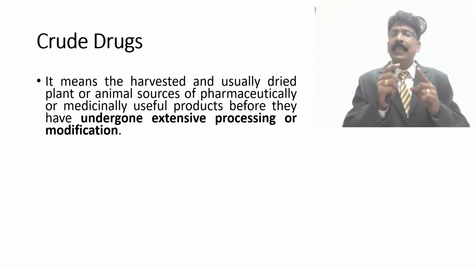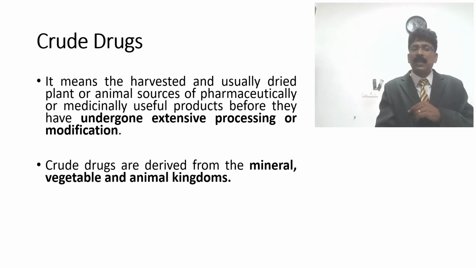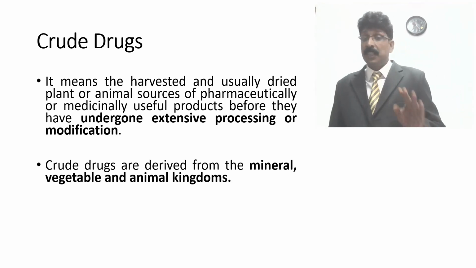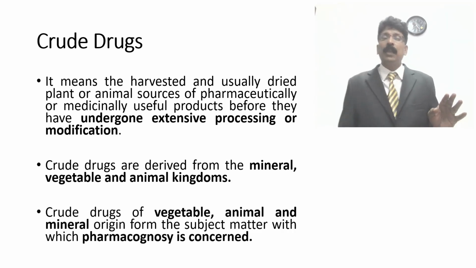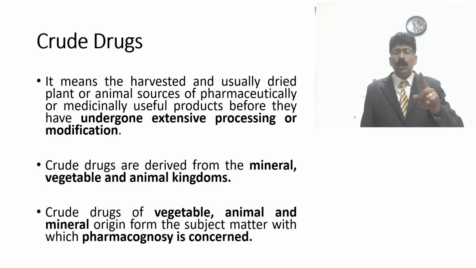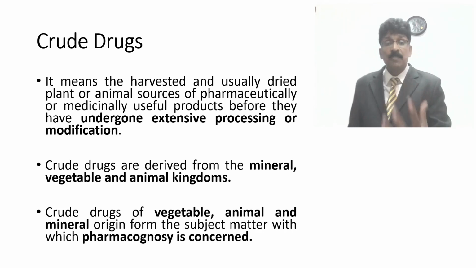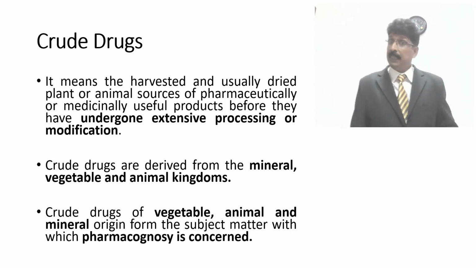Crude drugs are derived from minerals, vegetables, that means plants, and the animal kingdom. Crude drugs of vegetable, animal and mineral origin form the subject matter of pharmacognosy. All the subjects. So what are the things?